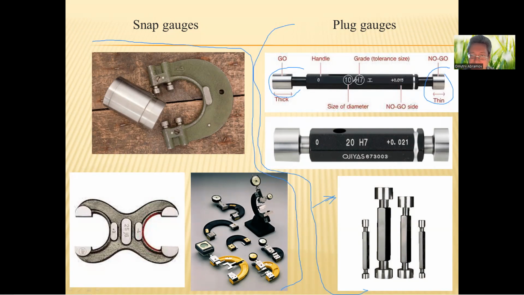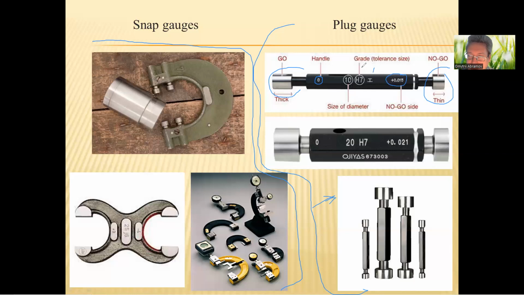The size of diameter is 10, nominal diameter 10 millimeters, and H7: H is the fundamental deviation, and IT grade 7 is the tolerance grade. Lower limit deviation and upper limit deviation of the size.